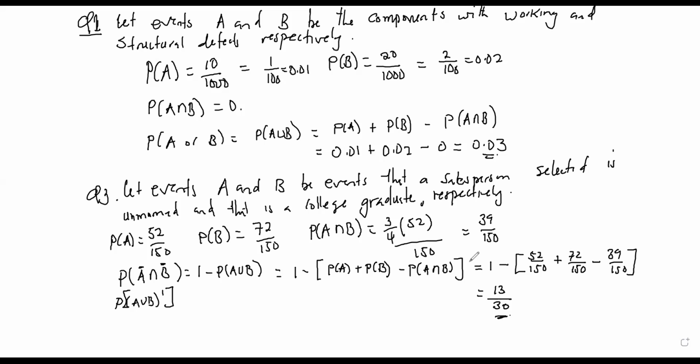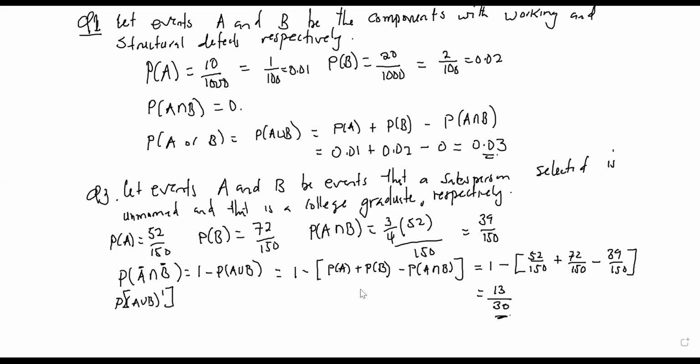We just went straight to the other interpretation of the complement part, which is 1 minus the probability of A union B. I hope that's clear. Okay, so let's go to the next question.